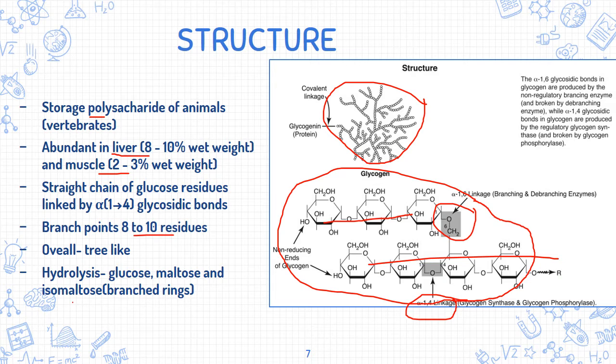The branching points occur every 8 to 10 residues, and the overall structure looks like a tree. On hydrolysis, glycogen will yield glucose, maltose and isomaltose at the branch point.